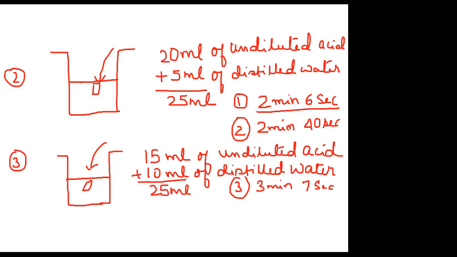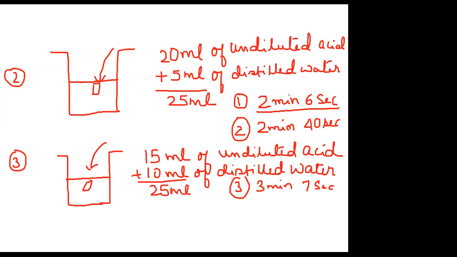This is especially so when you are doing the experiment with sodium thiosulfate and HCl, where turbidity appears, and you have to watch a cross placed under the beaker disappear. If time permits, maybe we will show you that experiment also, but right now we are only doing the magnesium ribbon.